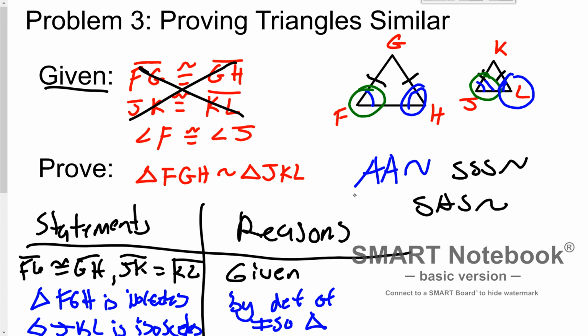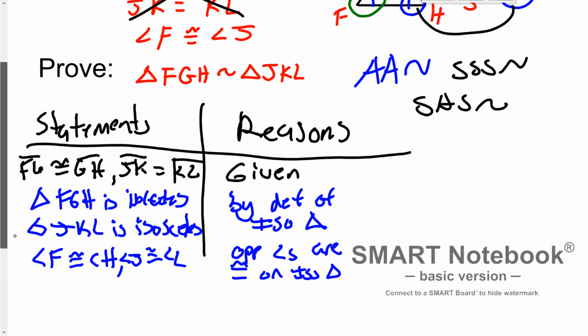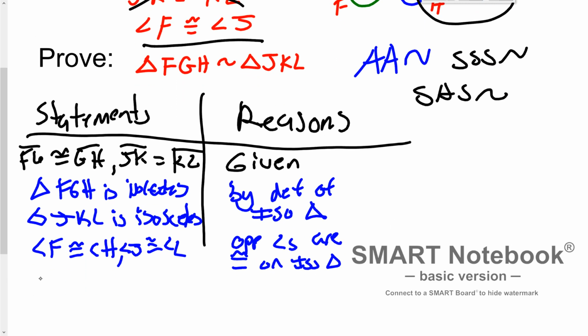So how can I prove that these green ones are congruent, and how can I prove that these two blue ones are congruent? These two are congruent to themselves, and these two are congruent to themselves. But how can I prove that they're all congruent? Well, that's where I look right here. I'm given angle F is congruent to angle J. So that is given to me.